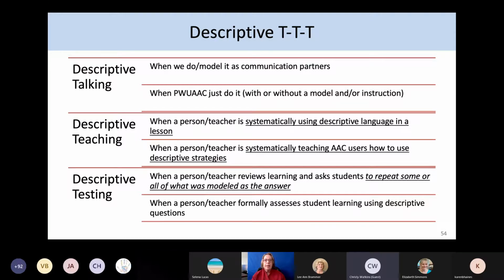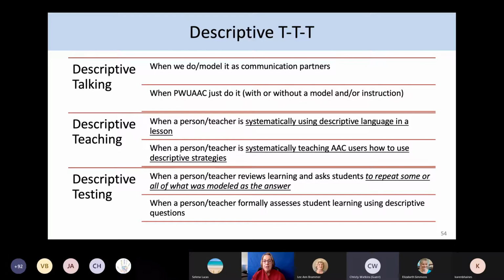They just do it. Now, when we get to descriptive teaching and descriptive testing, this is where things become more strategic. It's not part of our natural interaction. This is now done systematically for an educational purpose and for a strategic purpose.